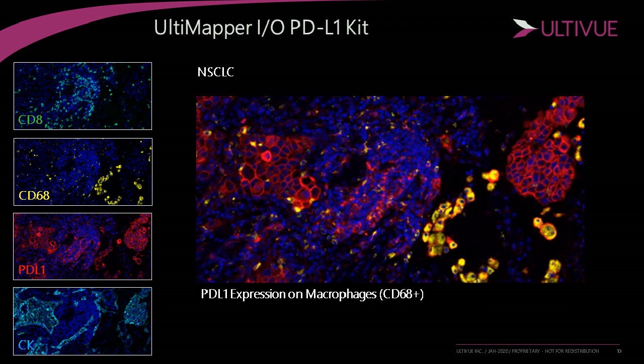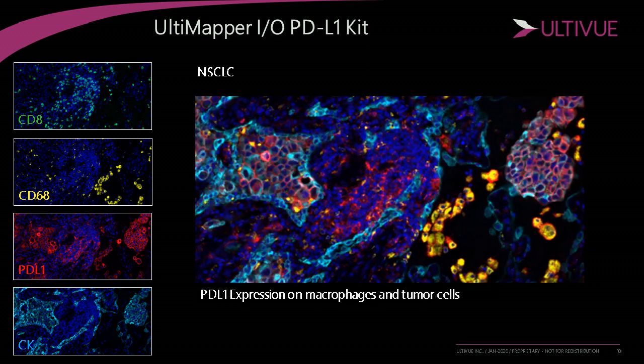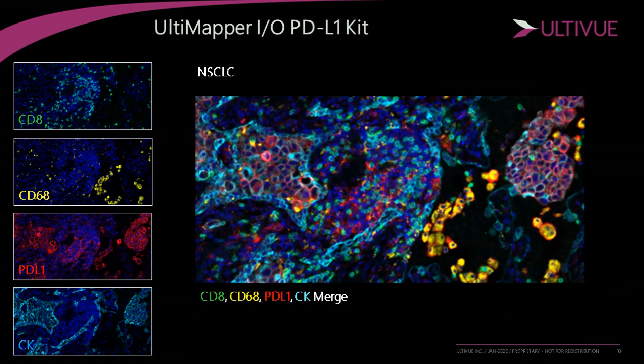And then next, you see PD-L1 expression on macrophages. And in this image, you see CD68 in yellow and PD-L1 in red. And here you have a general expression of PD-L1 on both T cells, macrophages and tumor cells. And here, the merged image showing all the different markers.